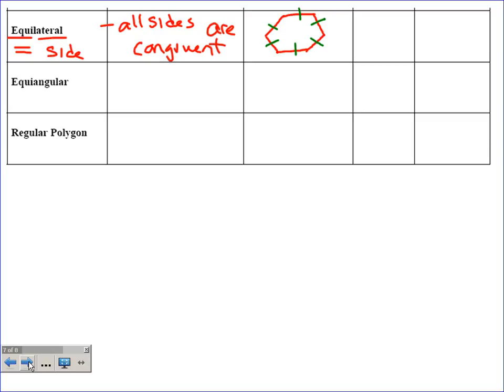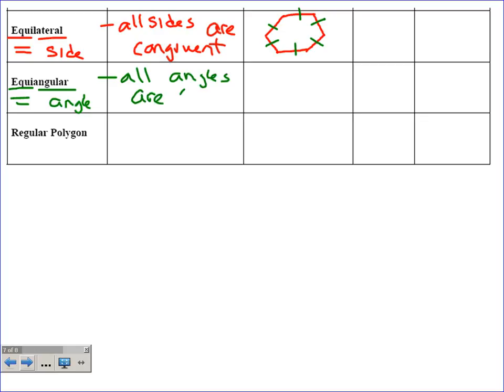This is equiangular. Everyone say it. Isn't it a weird word? Equiangular. What do you think equi means? Equal. What do you think angular means? So what do you think that means? Angles are congruent.